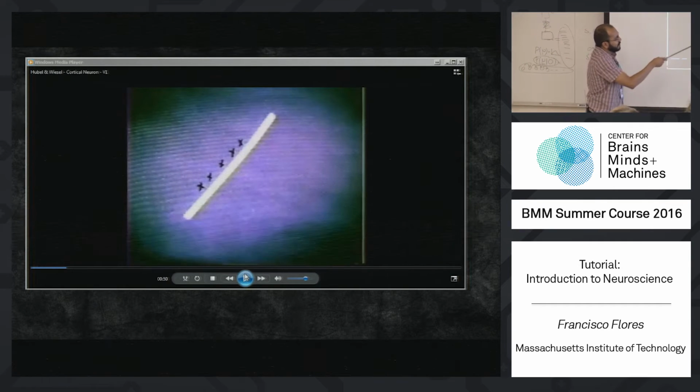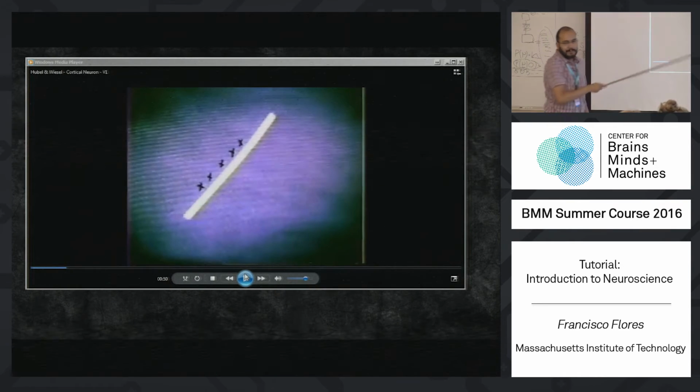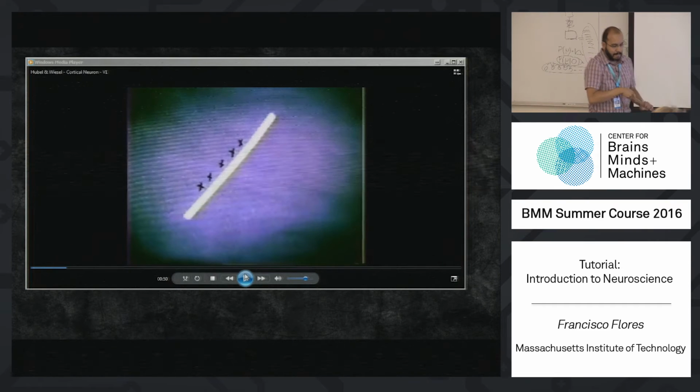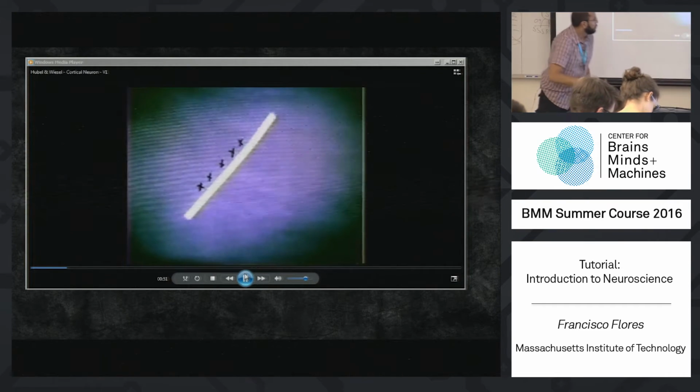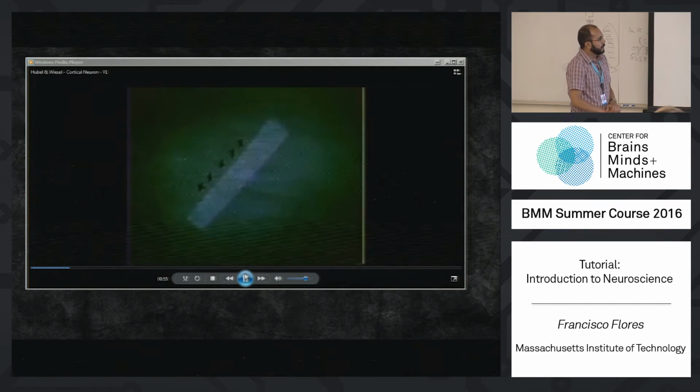Same here. Whenever the bar is here or here, the neuron doesn't really fire. So it only fires when the stimulus is presented in this area of the visual field. Now a bigger stimulus.